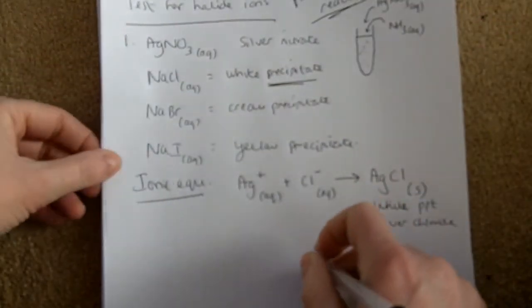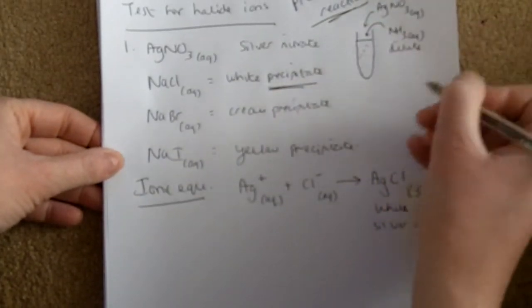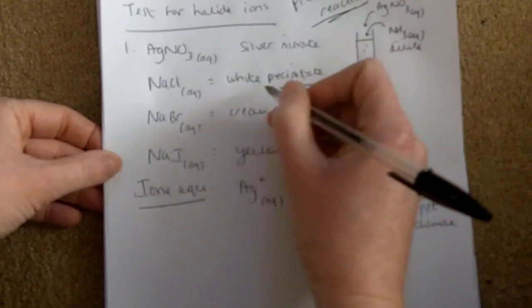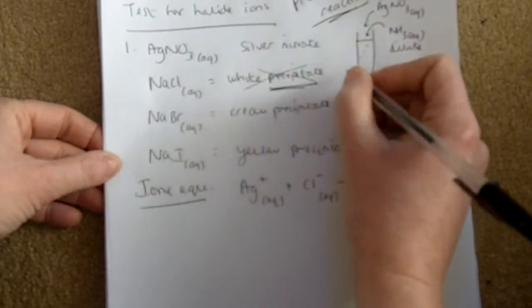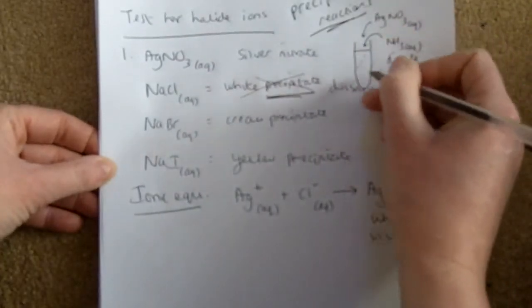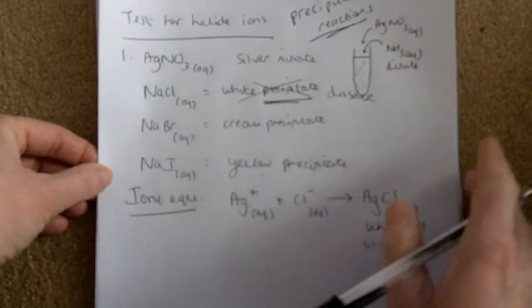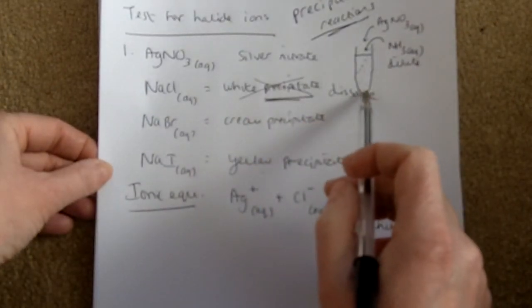With dilute aqueous ammonia, the white precipitate will dissolve. If you add dilute ammonia to the test tube and the white precipitate dissolves, then you know you have chloride in there.